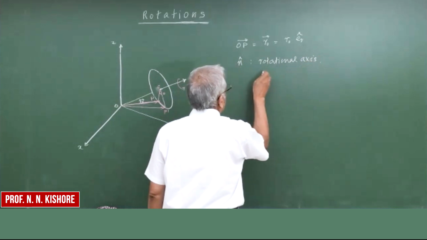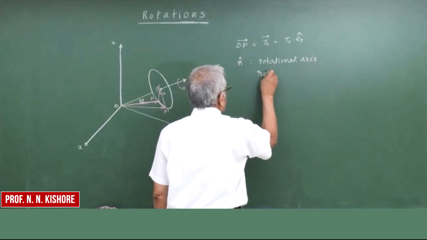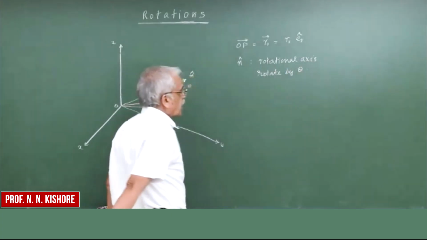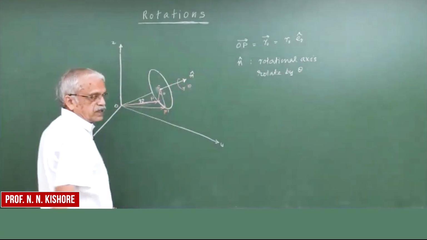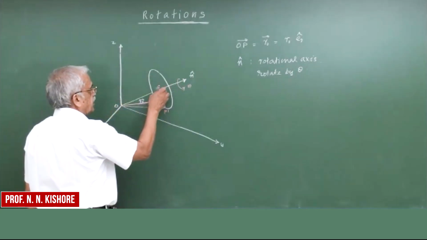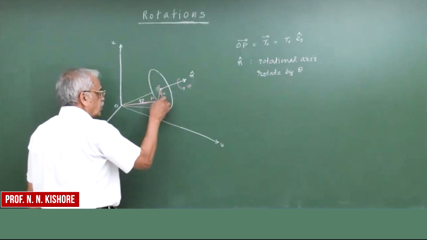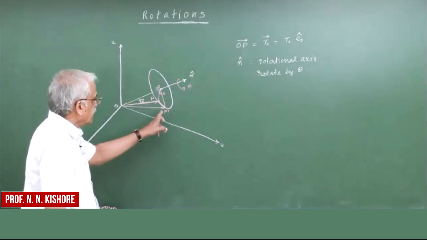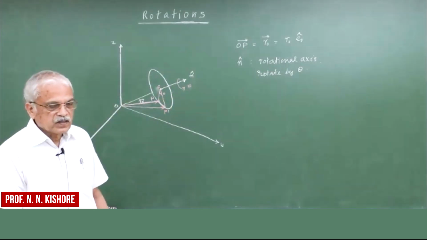And then it is rotated by theta. Okay, so it's being rotated in the usual sense. That means this P goes through an angle of theta along the arc, and then it comes to the point P prime here.